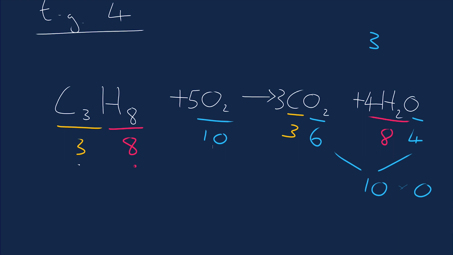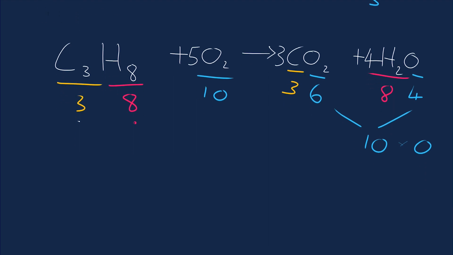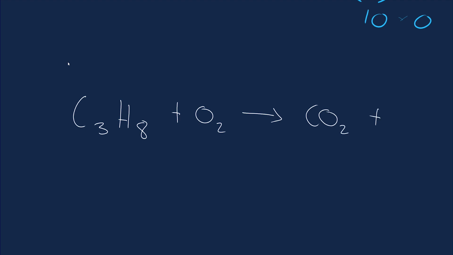Okay, before we move on, what I'm going to do is show you why balancing the carbons and hydrogens here was a better idea than starting with the oxygen. Okay, so let me rewrite the original equation. We have C3H8 plus O2 reacting to give CO2 and H2O.